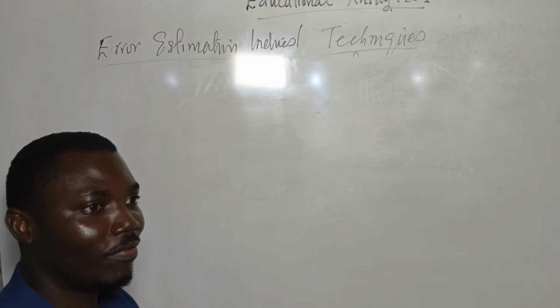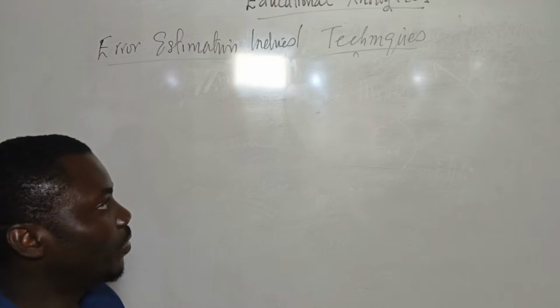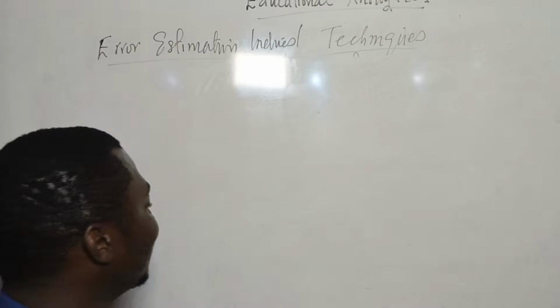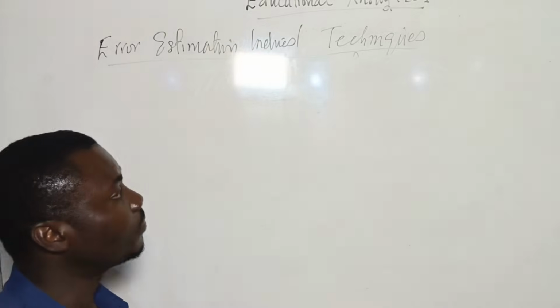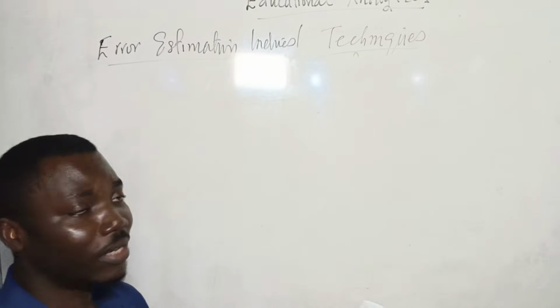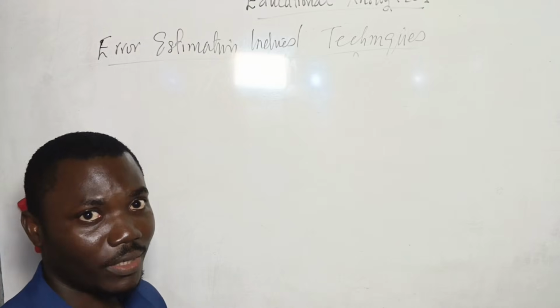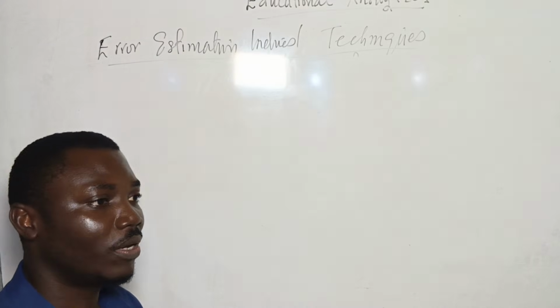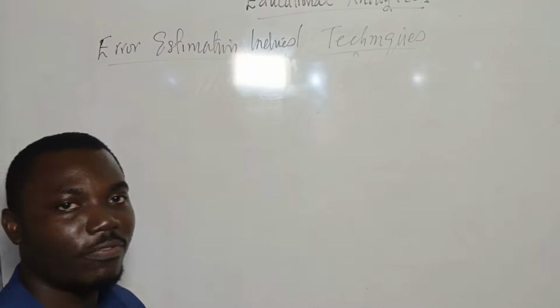We have experienced errors in scientific measurements, and conducted error analysis. By error we mean the discrepancy that exists in your measurements, maybe as a result of a systematic problem or random effects.